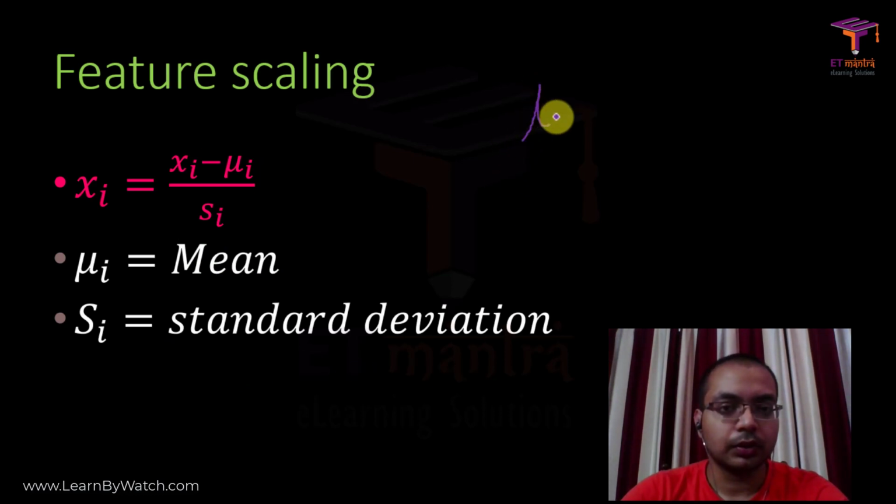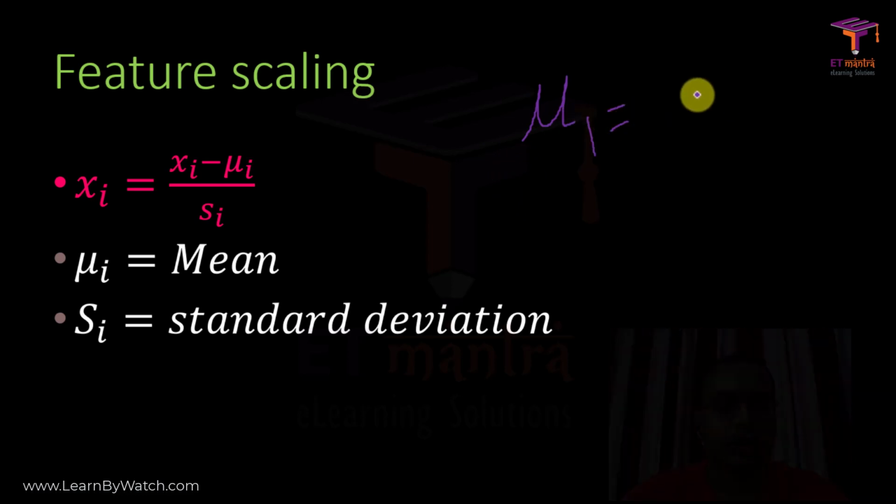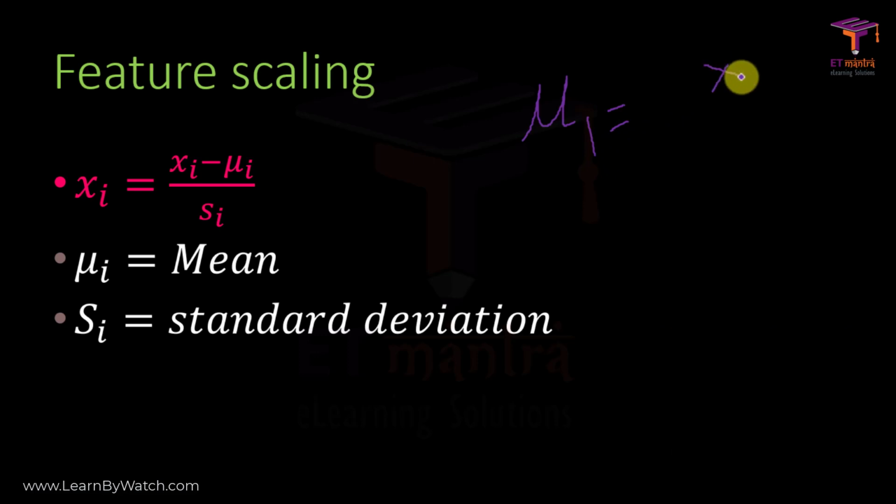So for example, mu1 we calculate by taking the first feature of all the training examples. So the first feature of the first training example, first feature of the second training example, first feature of the third training example, and so on, and find the mean of all these. Similarly for the standard deviation, and then we plug it into the formula and update all the values of x.